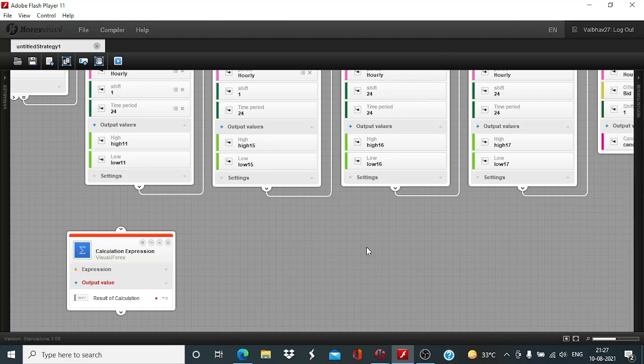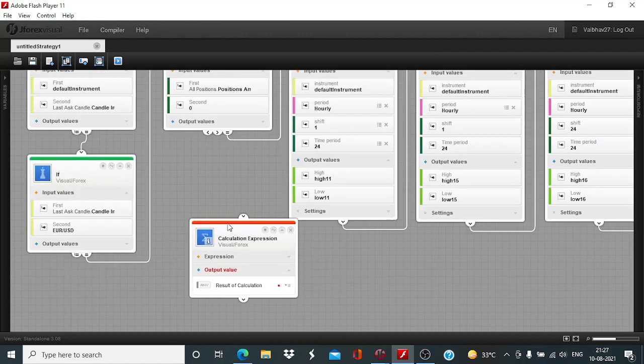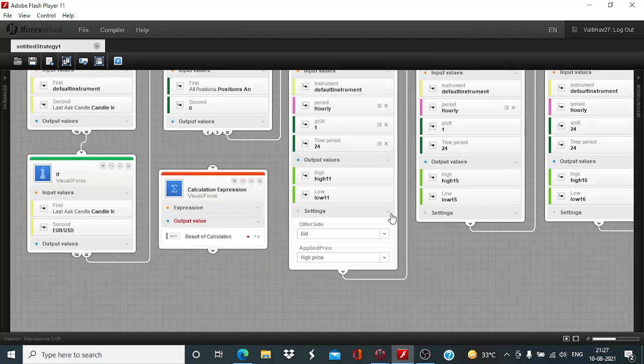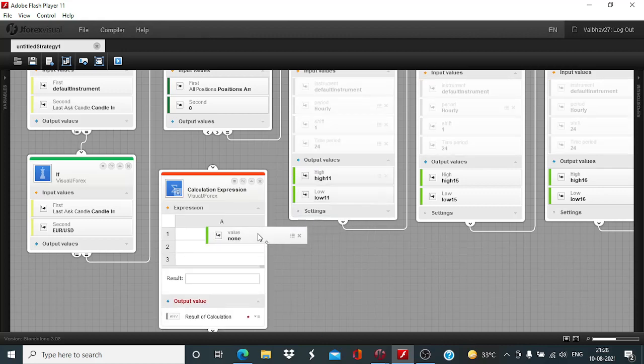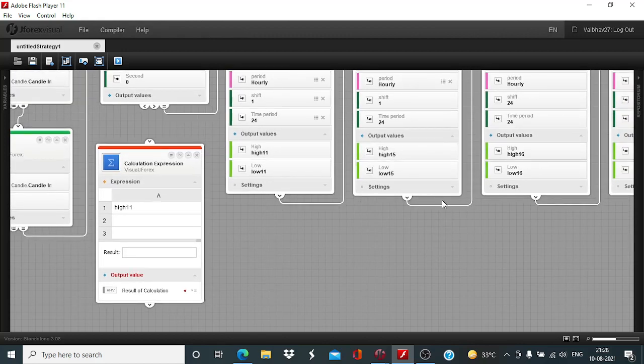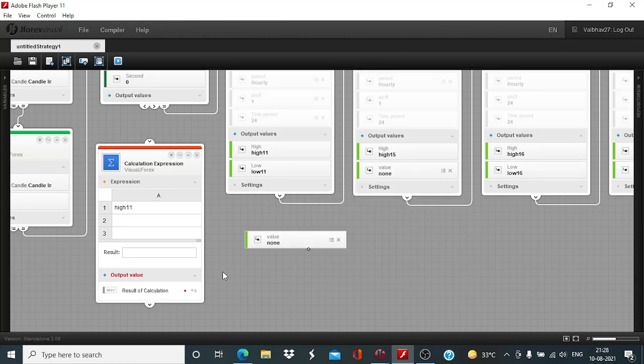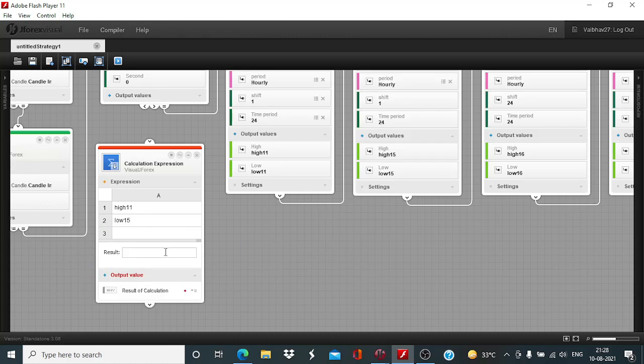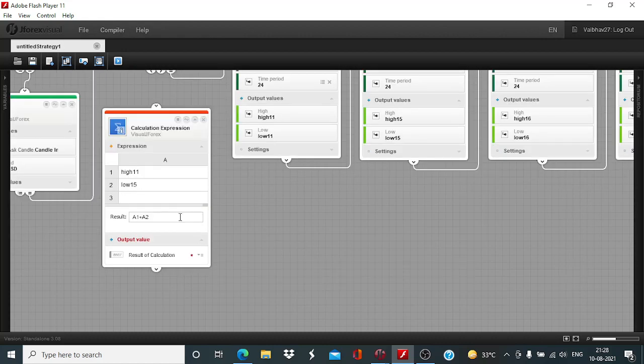Whatever is the highest of last 24 hours, I11, will be added to the lowest of last 24 hours. As you can see from applied price, this is going to be A1 plus A2.